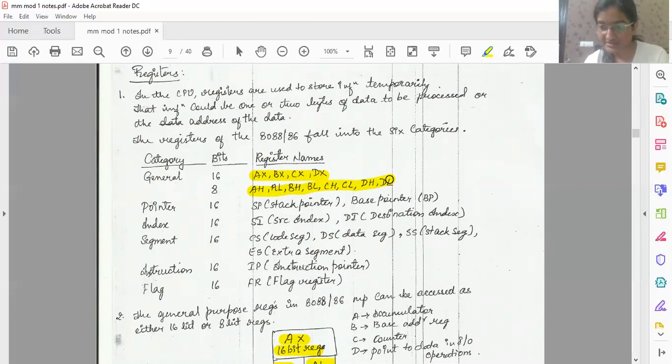It can be combined together or split into two 8-bit registers, and it is used for input output operations, rotate and string manipulation. So the three generalized functions of the accumulator register are input output operations, rotate and string operation.